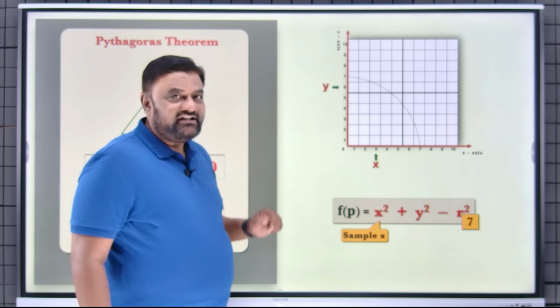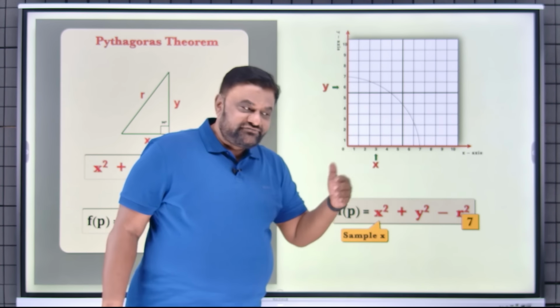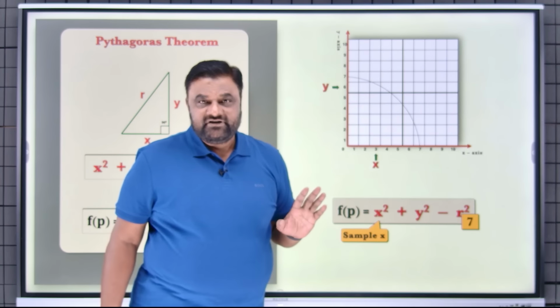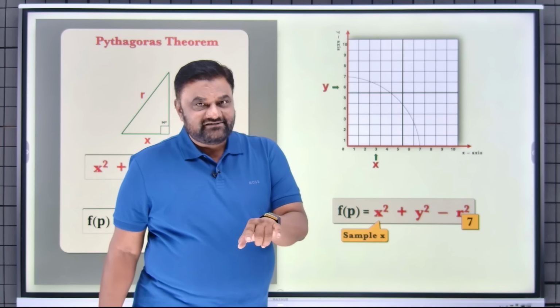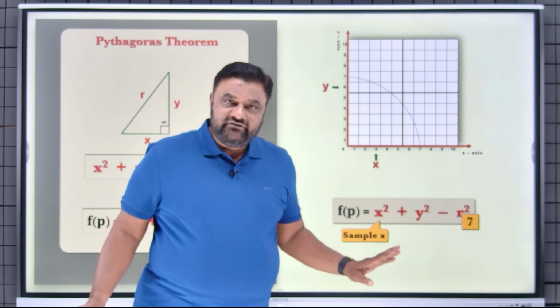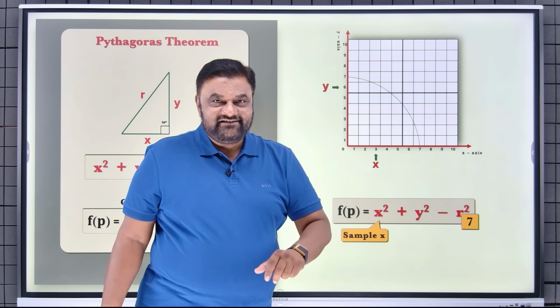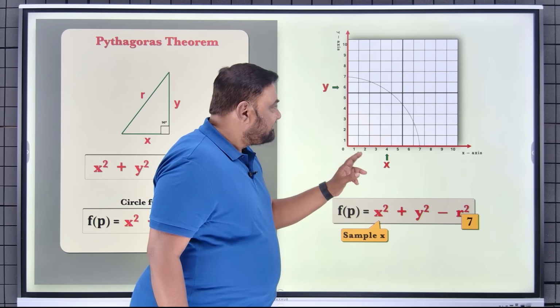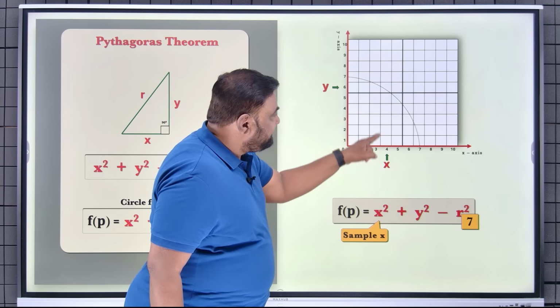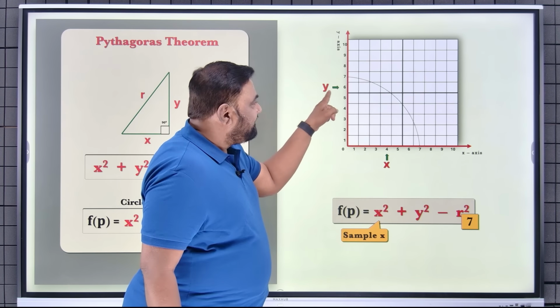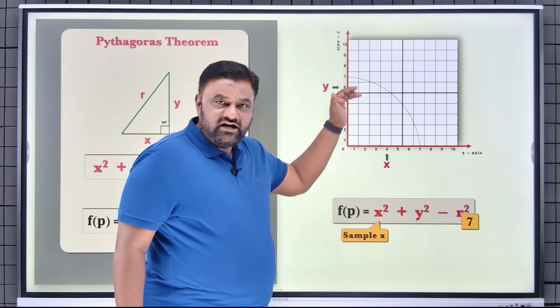Now actually y should decrement for this one. If you are sampling x values, x goes on incrementing every time, but the y value will decrement, but not always. You have to decide. If I increment x, y is not decremented, because if you observe here for 4, y is in the same position. We don't have to decrement it.